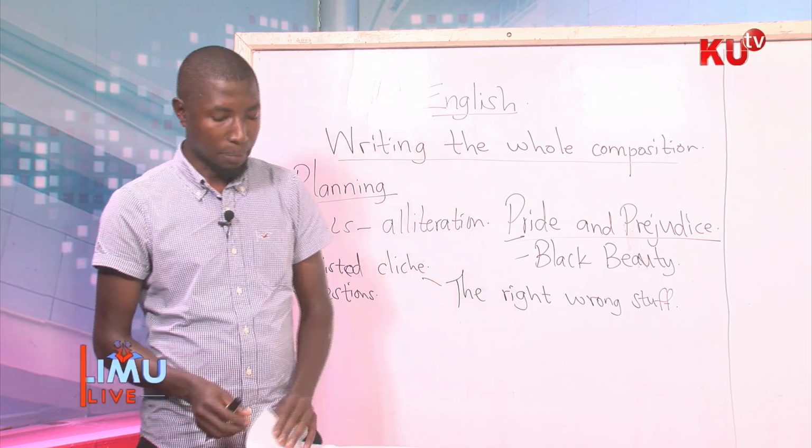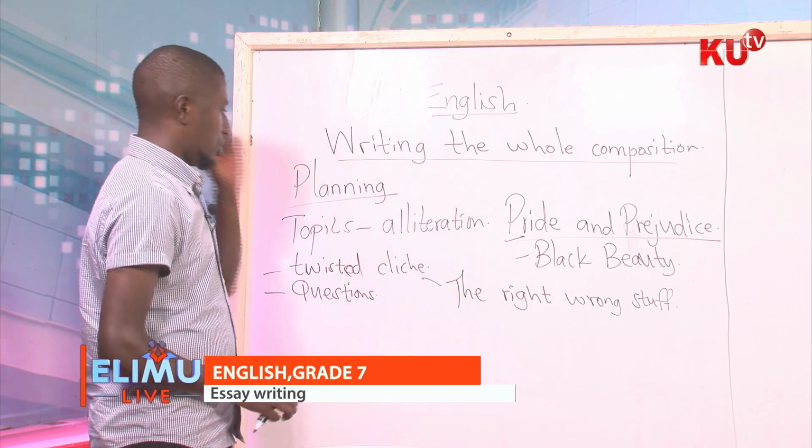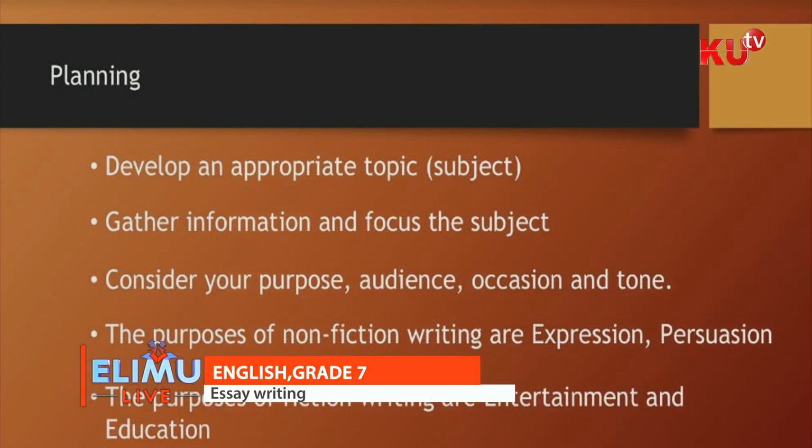So consider the purpose in your planning stage. In your planning stage, there is something important called listing that I want every student to get today. Listing, boys and girls, is creating an outline.